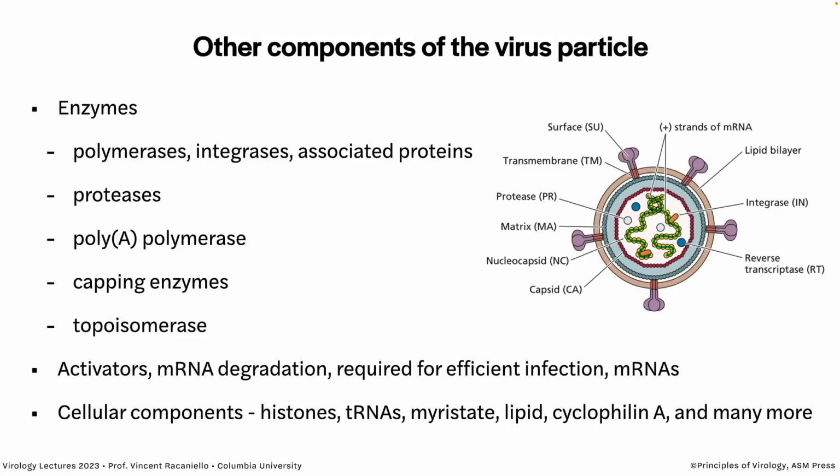In particular, we're going to spend a lot of time talking about reverse transcriptase and retroviruses. Many viruses have proteases in them to help mature the particle. There are other proteins that are involved in infection. Sometimes there are lipids, glycoproteins. So a virus particle is quite complex. It's not just the proteins that we've talked about today.